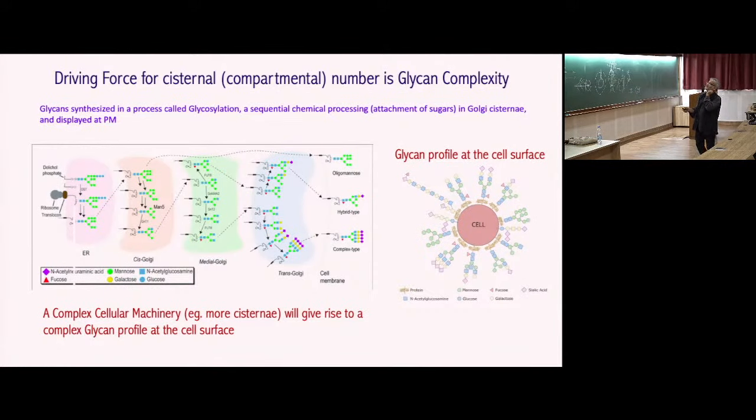Because functional complexity demands glycan complexity, and glycans are produced in the Golgi cisterna, our approach is that maybe the driving force for cisternal number is glycan complexity. That is, if I have a more complex cellular machinery, i.e. a greater number of cisternae, then that will give rise to a more complex glycan profile. So that's the root.